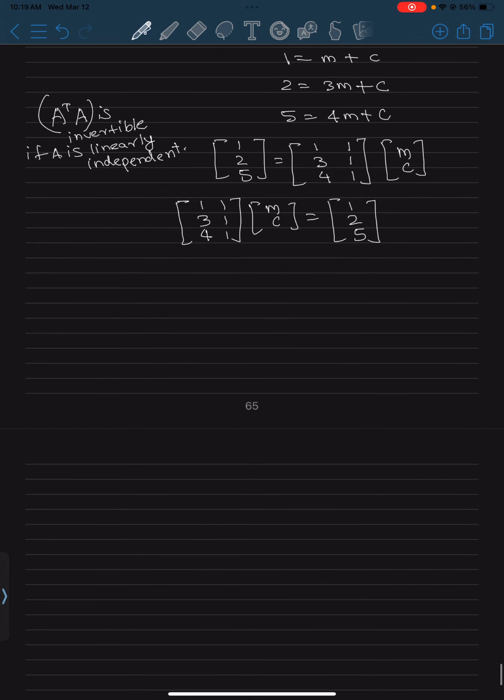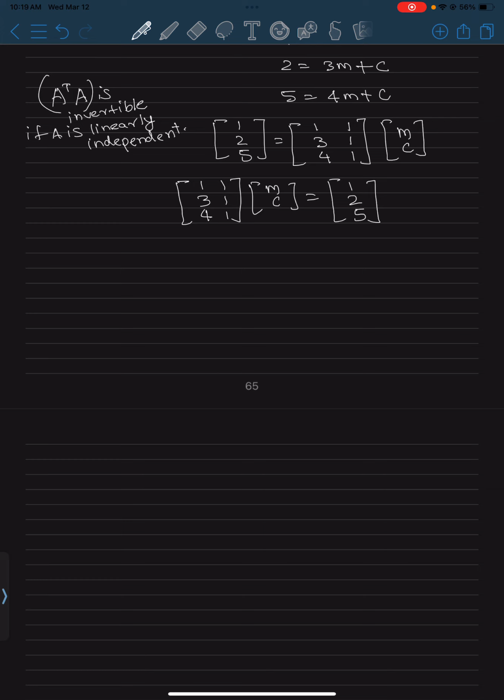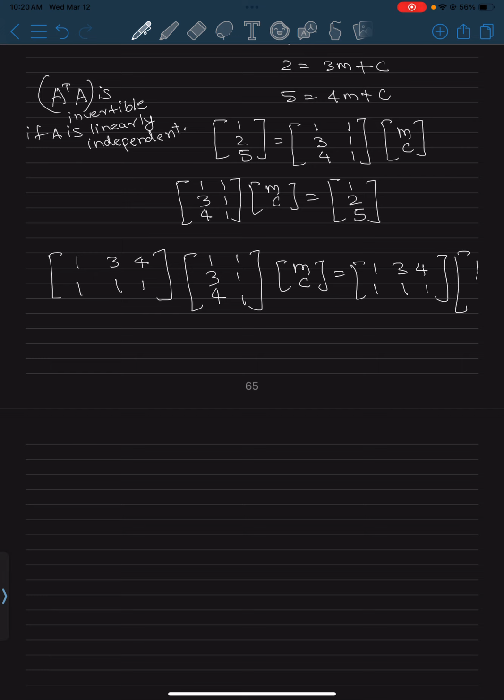Now you multiply by A transpose so as to make this an invertible matrix. If this is our A, then A transpose will be 1 3 4, 1 1 1. You also need to multiply both sides, just like in normal equations. If you do that, this becomes 1 3 4, 1 1 1 times 1 2 5.